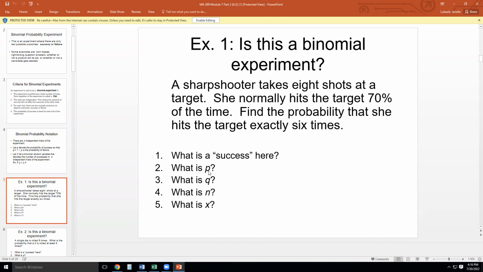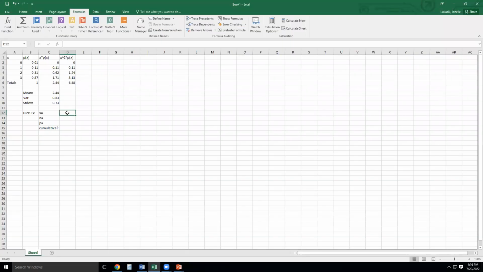In other words, what's the chance that you do that success? What's the chance we hit the target each time? 70%. So I'm just going to record all those numbers here again. So we want 6 times that we hit the target out of 8 total trials, 8 shots, with a 70%. I'm just going to write it as a decimal. You only want decimals or fractions, not percents, just like I did with this table up here. So 70% as a decimal is 0.7.